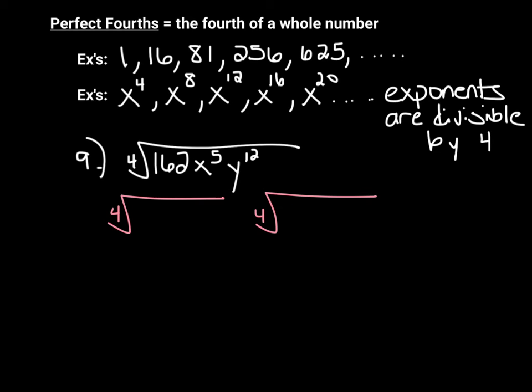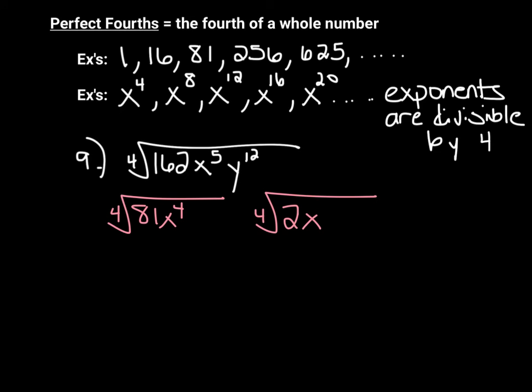So I'll put the 81 in the perfect fourth radical and the leftover 2 in the other radical. If we look at x to the 5th, well, 5 is not a multiple of 4. So we're going to take out the biggest perfect fourth that we can, which would be x to the fourth. That would leave me with just an x in our leftover radical.